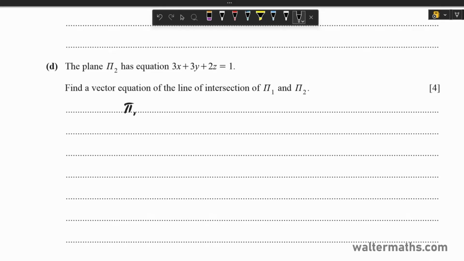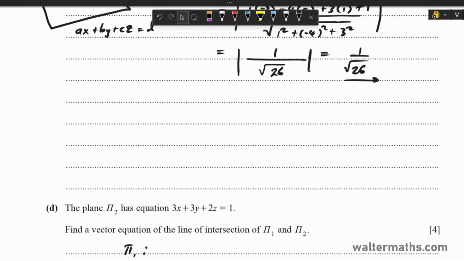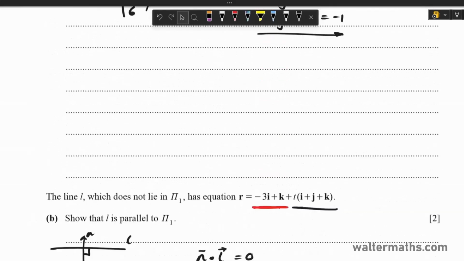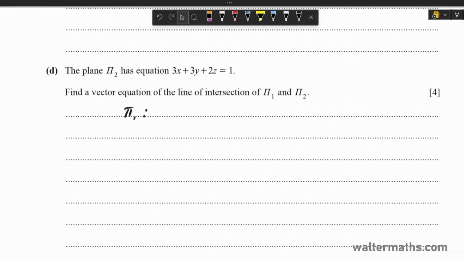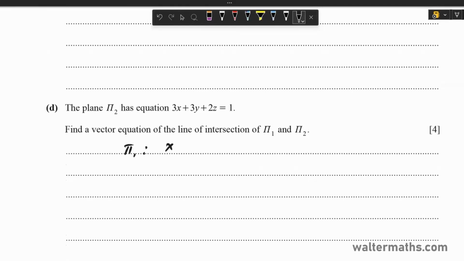We have the two planes pi1, which we said has equation x minus 4y plus 3z equals minus 1. So let me write that down. So that's x minus 4y plus 3z equals minus 1. And we have been given the plane pi2, which is 3x plus 3y plus 2z equals 1.